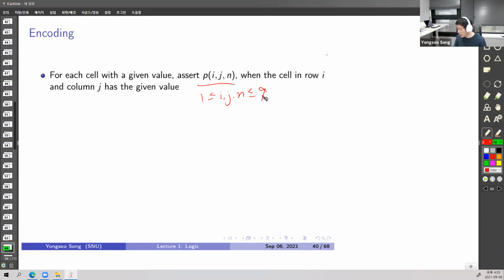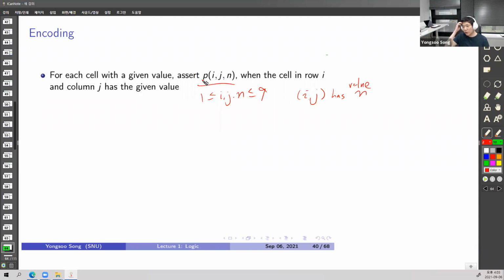This proposition says that the cell in row I and column J, cell (I, J), has value N. And this is denoted by the proposition P over I, J, and N.